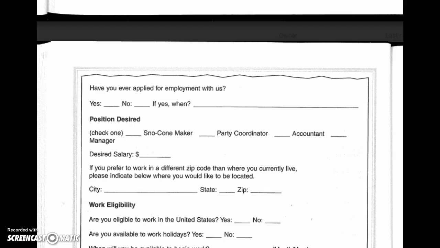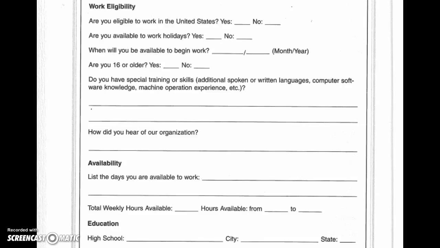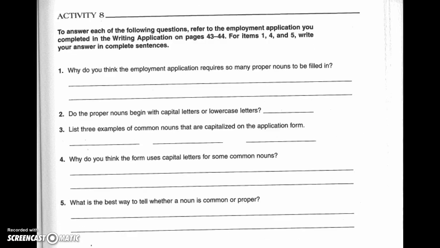There are names and dates and places, and it's a formal job application. So for that one, we are going to skip number 8. I'll just show it to you. But it asks you, what do you think? Why would this kind of application have so many proper nouns? And we just discussed that. So that's the end of lesson 5, the nouns.